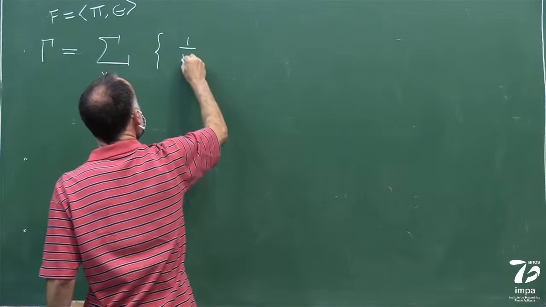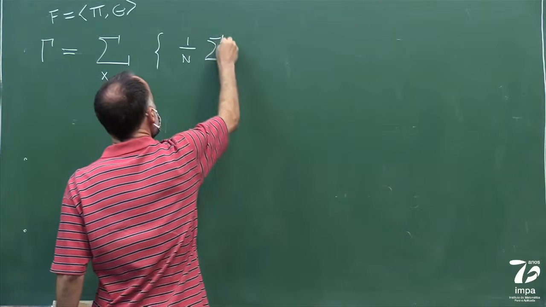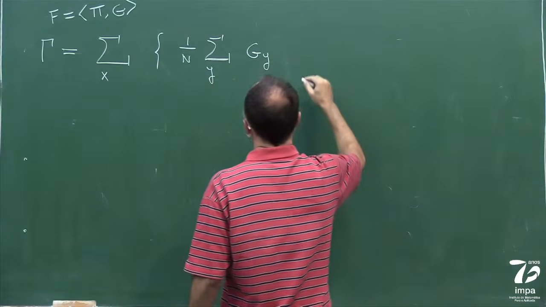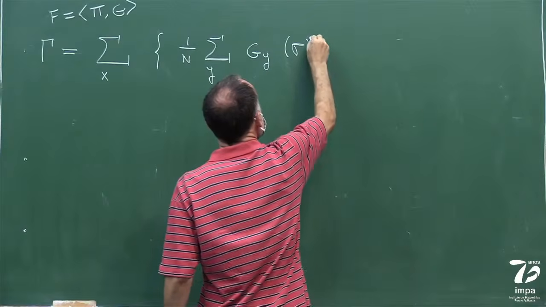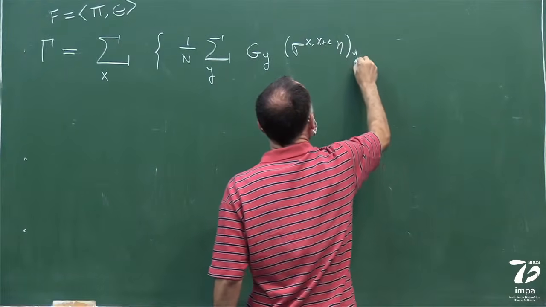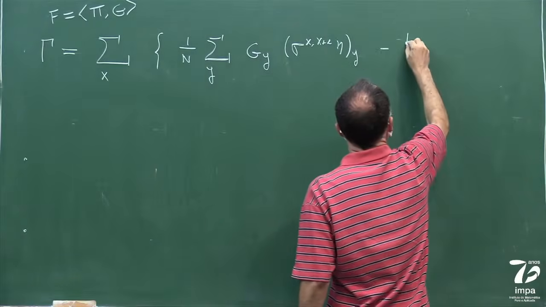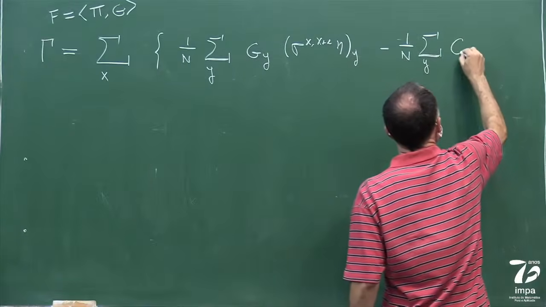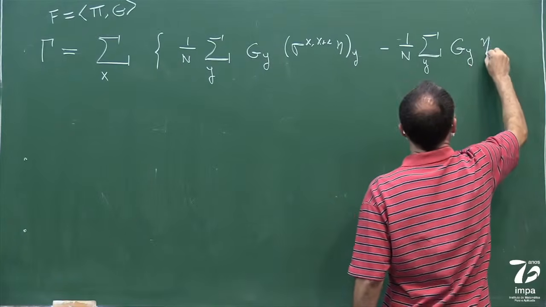So 1 over n, let me just recall, sum in y of g y, sigma x plus e eta at y, minus 1 over n sum in y of g y, eta y.